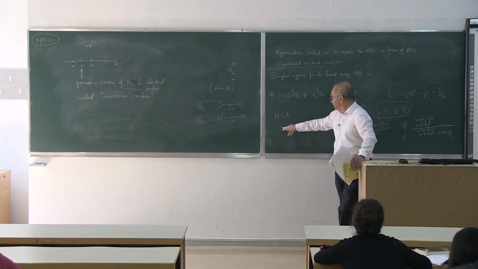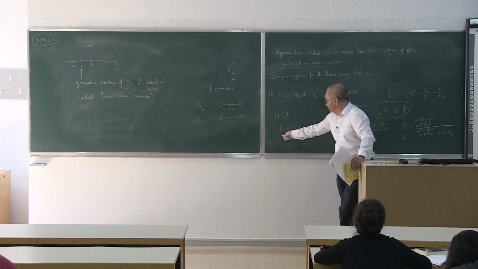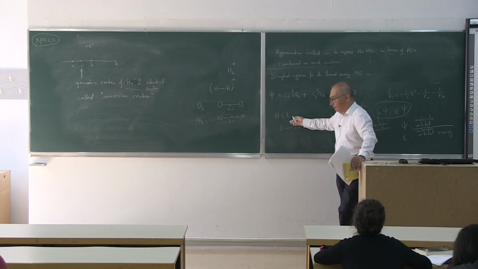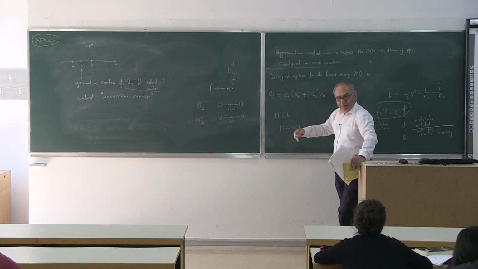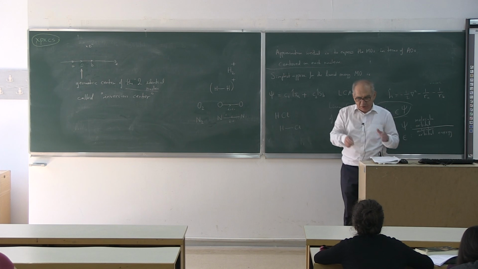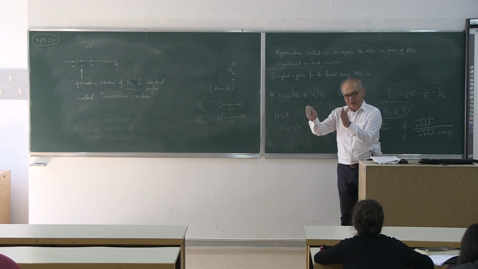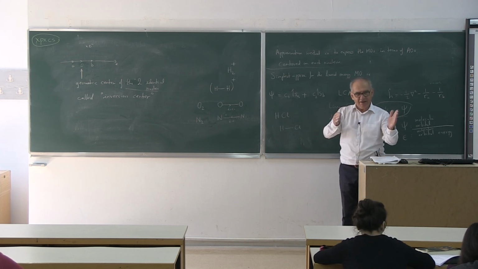If you exchange H with Cl, you get Cl on this side, H on that side, and that will be a different nuclear arrangement than the starting one. So only molecules which contain similar types of atoms on one side as on the other.